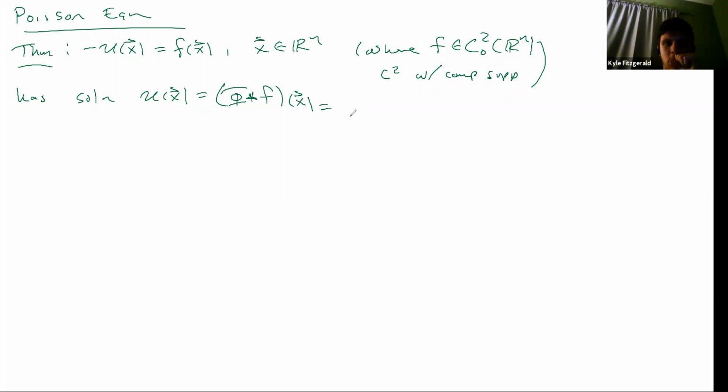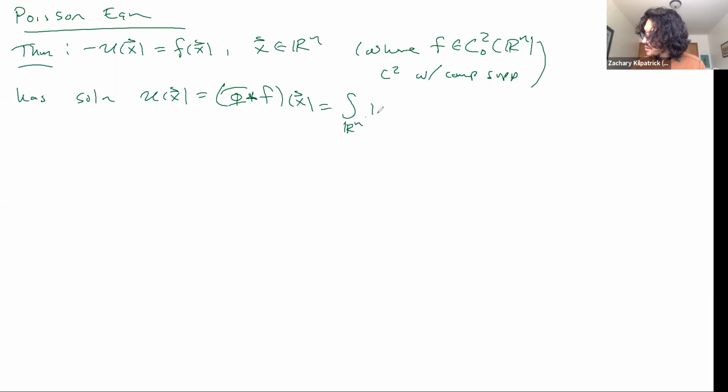We can write this as the integral over R^n of phi of x minus y times f of y dy. We needed continuity, twice differentiability actually, of f in order to apply a change of variables.